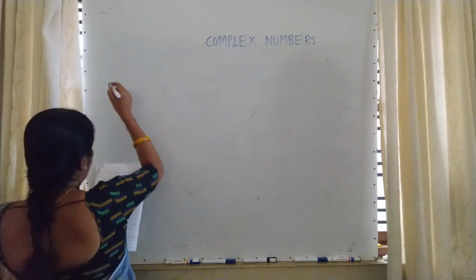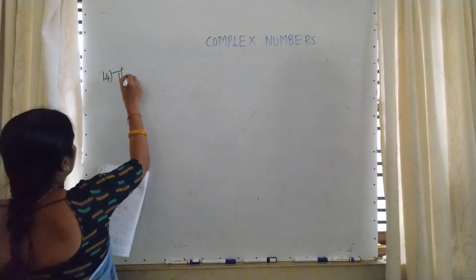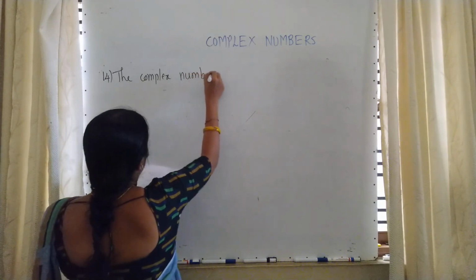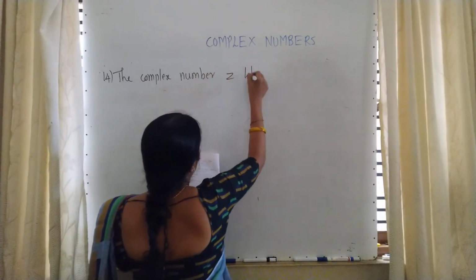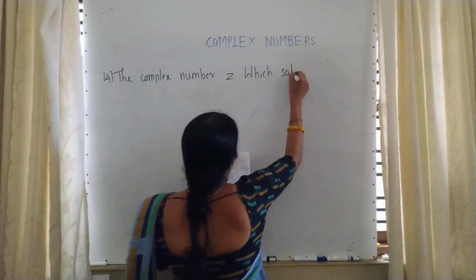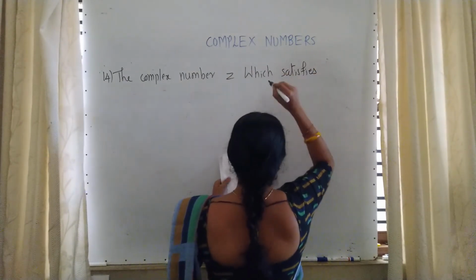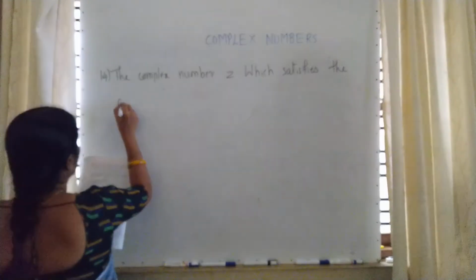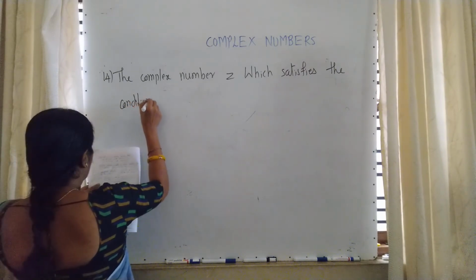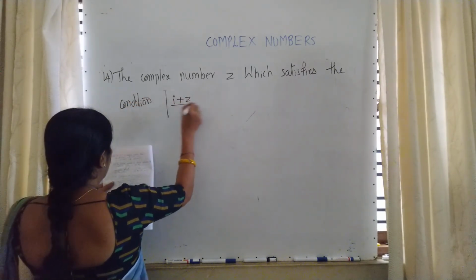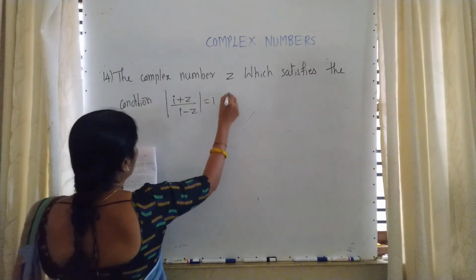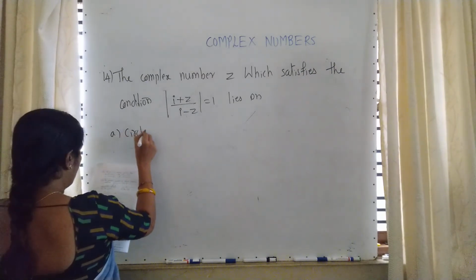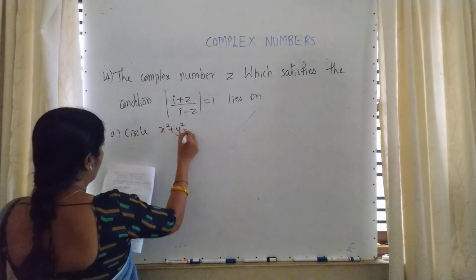The complex number z which satisfies the condition (i plus z) upon (i minus z) is equal to 1 lies on, first one, circle x square plus y square is equal to 1.